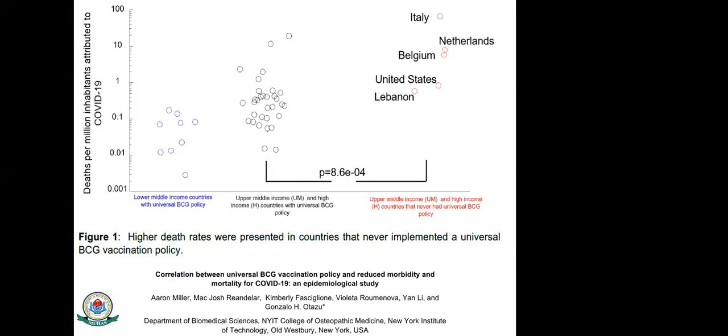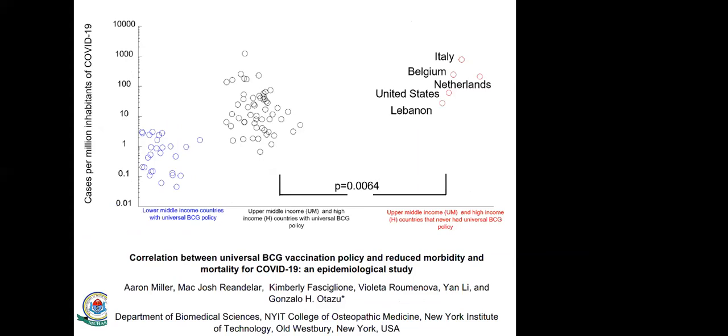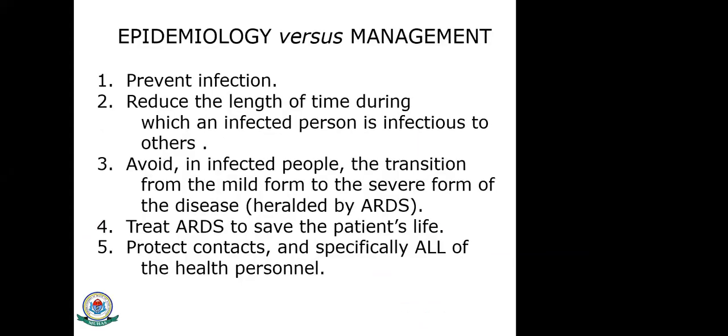Next slide, please. We can skip this one, and I want to conclude with a summary of epidemiology versus management. Clearly, there are different tasks. One is to prevent infection. This obviously is the primary purpose of all the restrictive measures that different countries have taken. Another is to reduce the time during which infected people infect others.